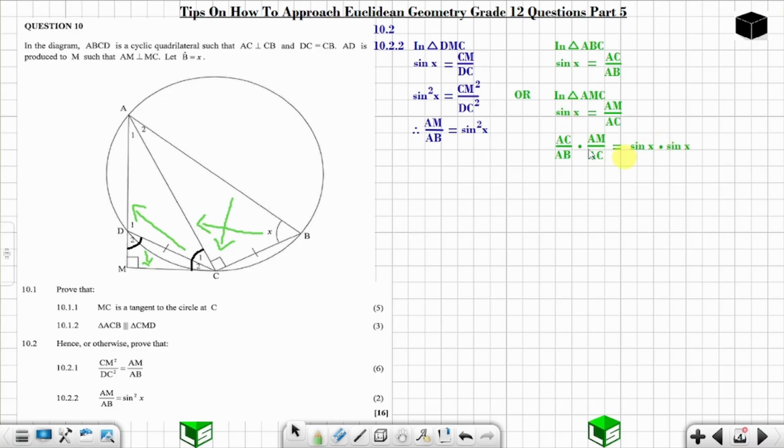So now you can cancel AC and AC. Now you are going to have AM over AB equal to sin x squared. You have proved. So you can see, and we are done.